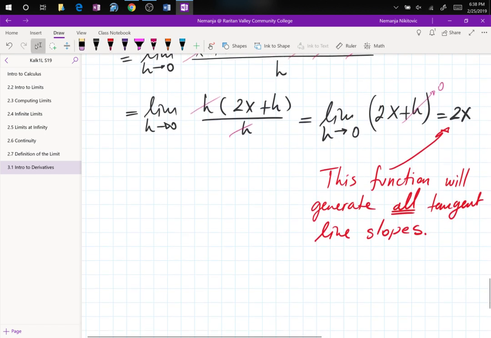Now, it always breaks my heart when you are not excited about this. Not because it's calculus, but because for years up to this point, you were told that you need 2 points to find the slope of the line. Now, you give me x equals 3, I tell you that the slope of the tangent line is 6 because I plug in 3 in there, right?